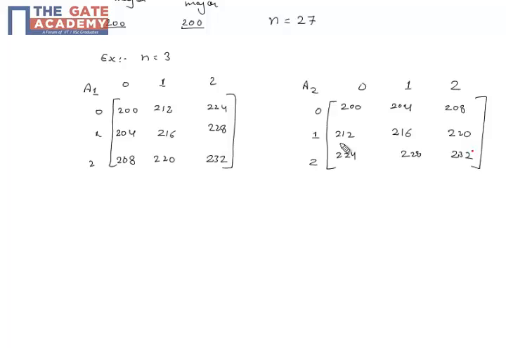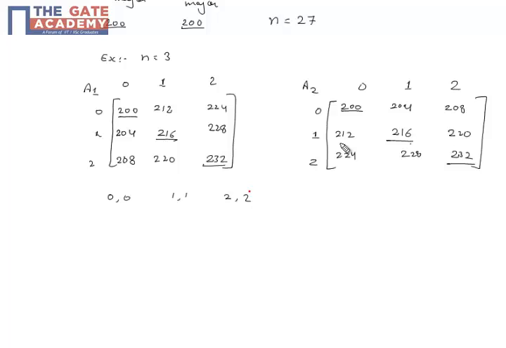Now you see there are only three items, that is 00, 11 and 22, which have the same addresses. So items 0 0, 1 1 and 2 2, three items have the same addresses.